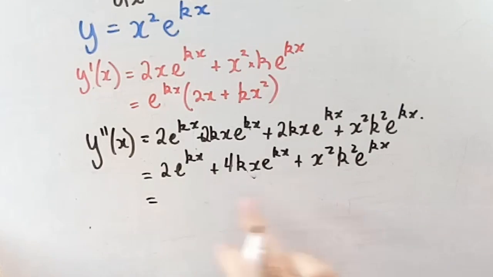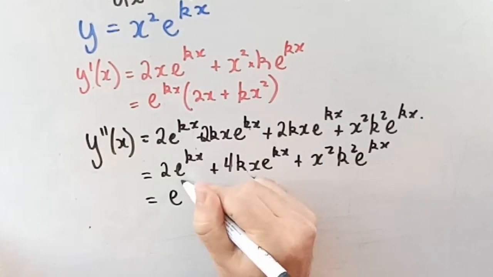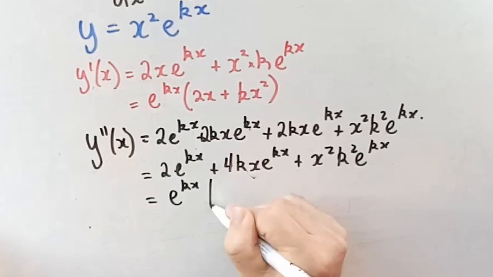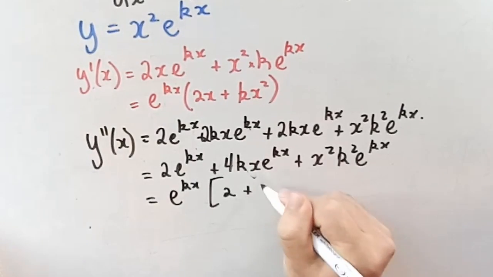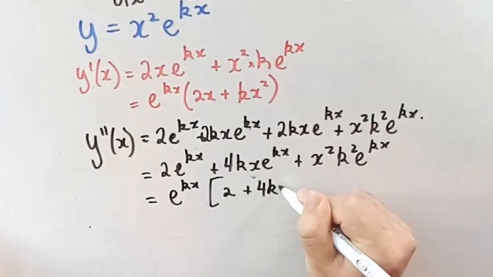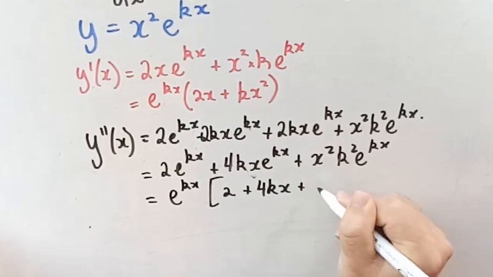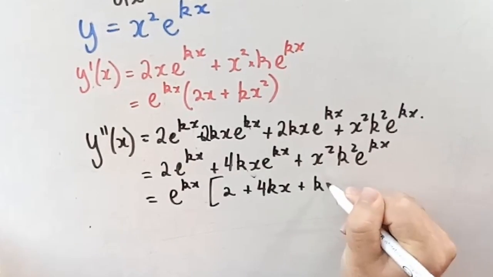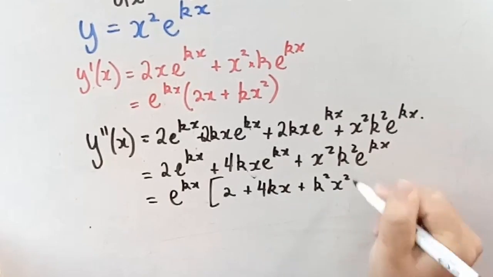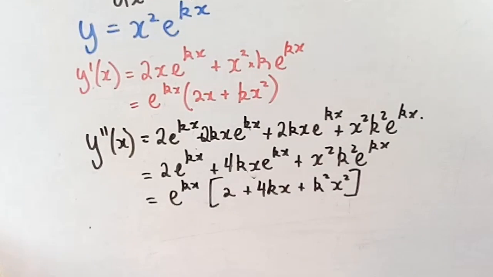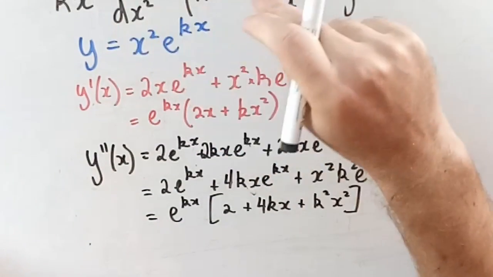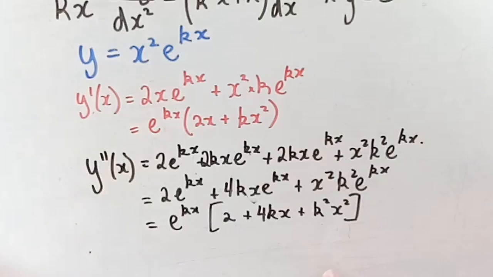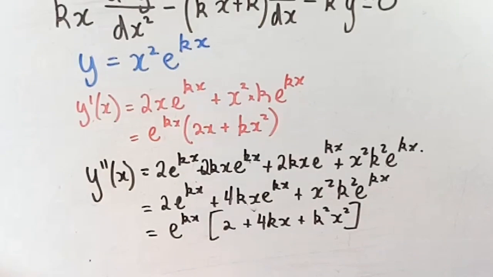I could take out e to the kx again: e to the kx, bracket, left with 2 plus 4kx plus k squared x squared. And there we go. Now we've got these two derivatives. We're going to substitute them back into the equation and see whether that's the right solution.